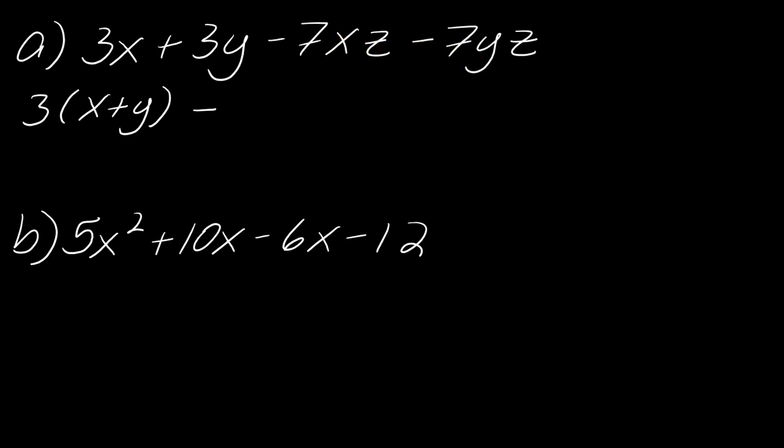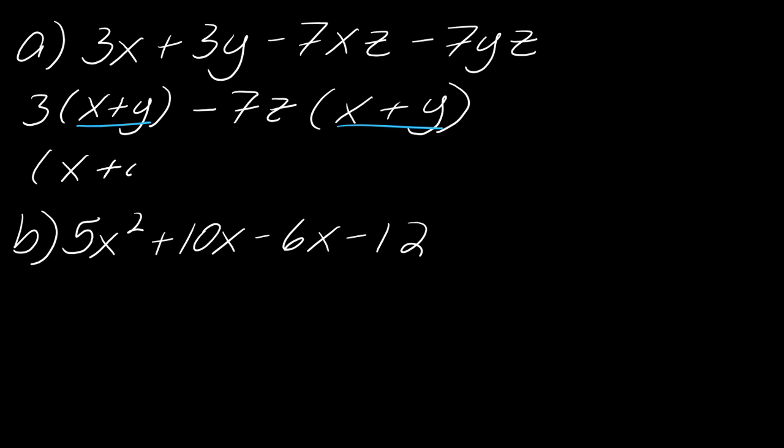So it looks like they both have a minus 7z in common. So I'm going to take out the minus 7z, and in taking out the minus 7z, this becomes positive x plus positive y, right? Because I factored the negative out. And now I see that these are the same again. So I can rewrite this as x plus y times 3 minus 7z.